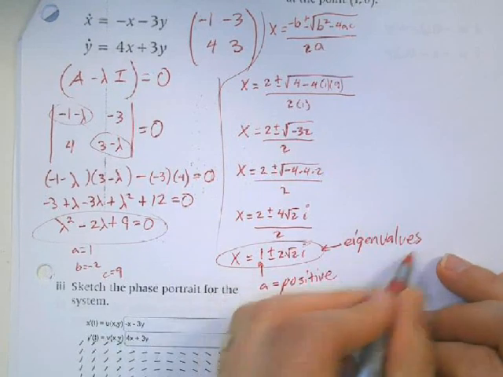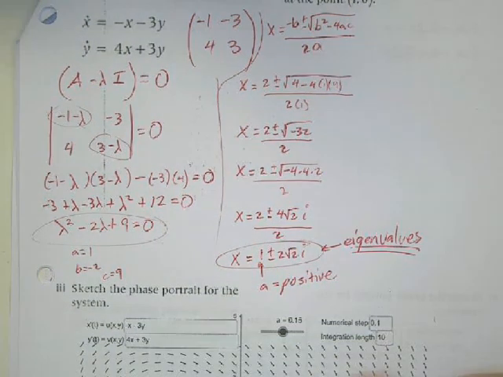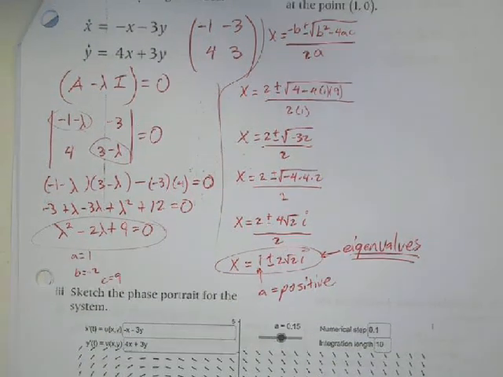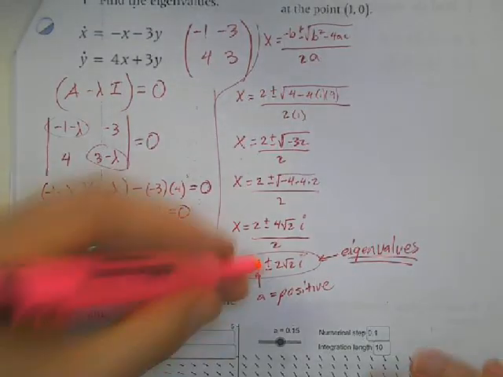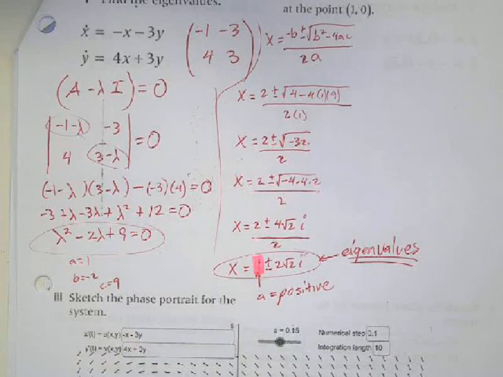These are my eigenvalues, and A is positive. So what color did I use? Red. Okay, so when A is positive, we have an unstable spiral.